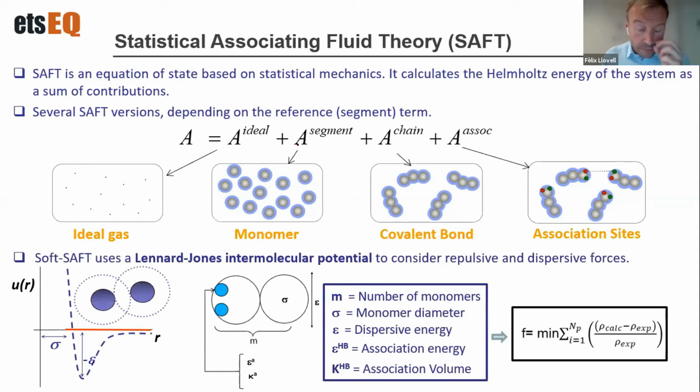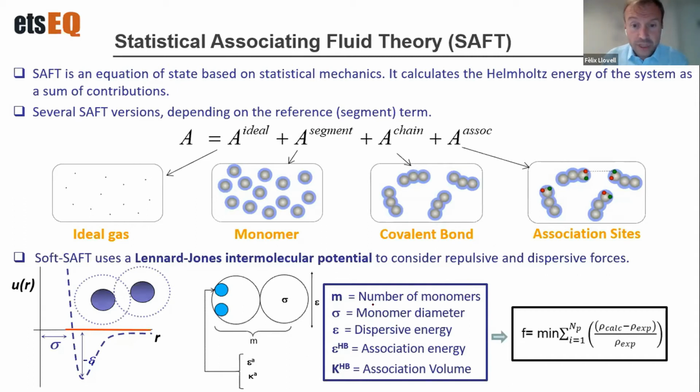In this particular presentation, I'm highlighting the results obtained with the soft-SAFT, which uses a Lennard-Jones intermolecular potential to consider the repulsive and dispersive forces, using a term that was fitted to molecular simulation data by Johnson and co-workers. The most important thing is that this way to construct the molecule allows us to have a series of molecular parameters that have some sort of physical meaning.